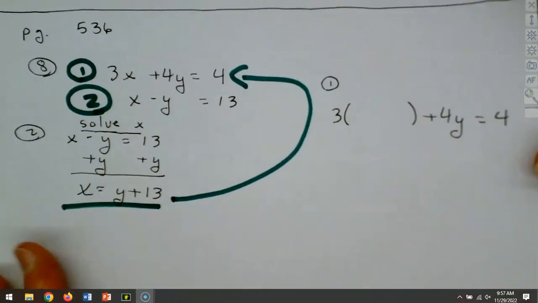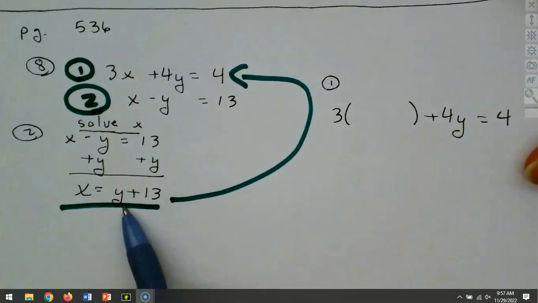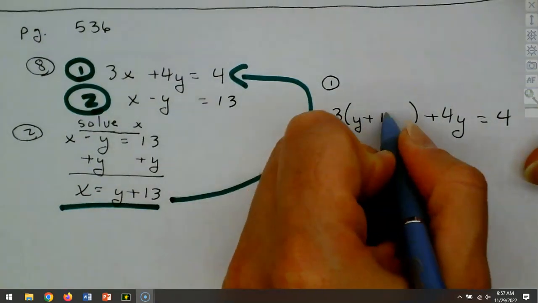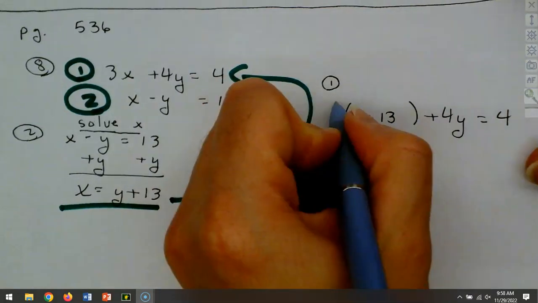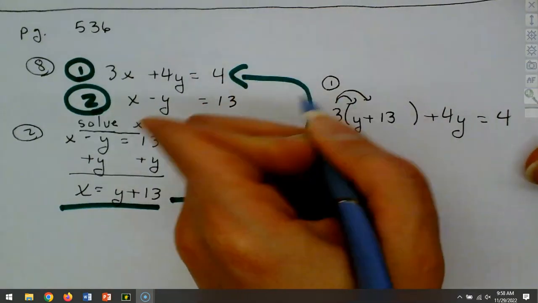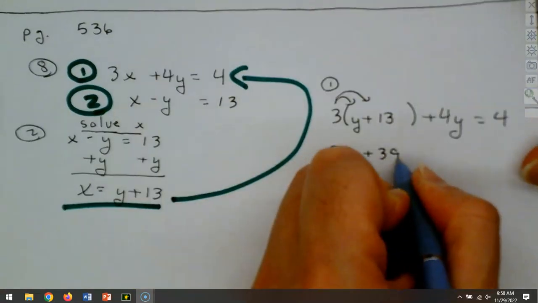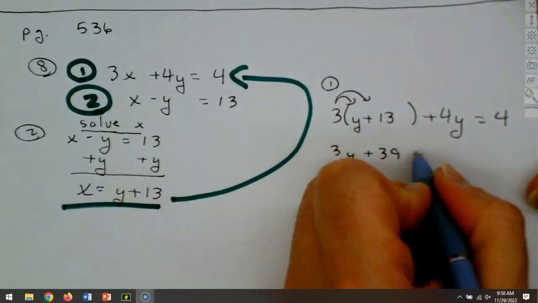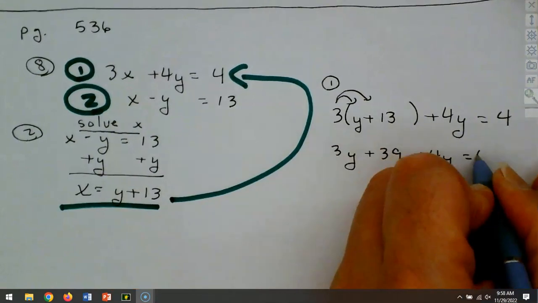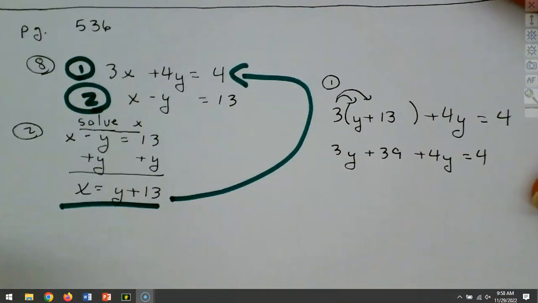So we've got 3 parentheses, from our first one, plus 4y equals our 4. And what's going to go inside our parentheses? y plus 13. And we'll just simply distribute our 3 through. So that gives you 3y plus 39 plus 4y equals 4. Clean it up.